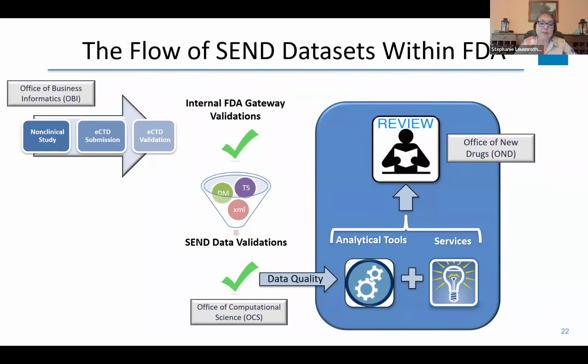Once it gets through that process, then the Office of Computational Science will do another check for data quality, specifically looking at SEND. So there are certain business rules and certain other rules that they will put the data sets through to make sure that they are in the proper format as best we can tell. They load it into our analytical tools, they provide additional services, and ultimately all of that gets to the reviewer, the review divisions, and the Pharm Tox discipline within the Office of New Drugs.